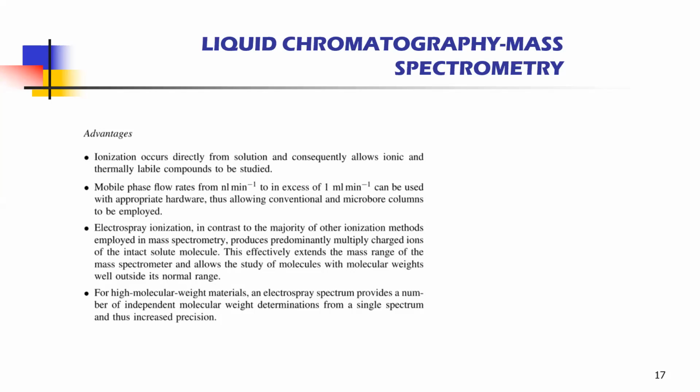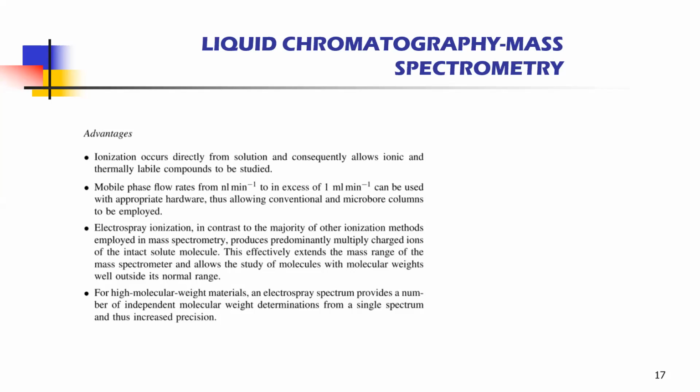Electrospray ionization, in contrast to the majority of other ionization methods employed in mass spectrometry, produces predominantly multiply charged ions of the intact solute molecule. This effectively extends the mass range of the mass spectrometer and allows the study of molecular weights well outside its normal range. So unlike the limitation to lower molecular weights, we are going to higher molecular weights. Just now we saw one example, horse heart myoglobin.